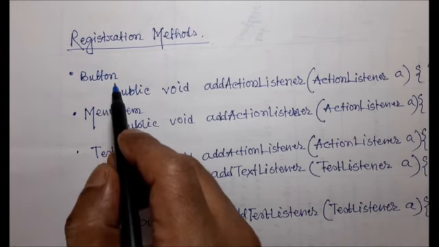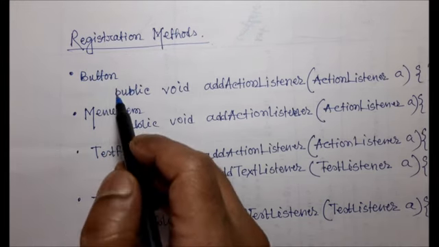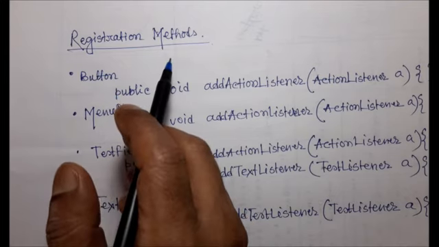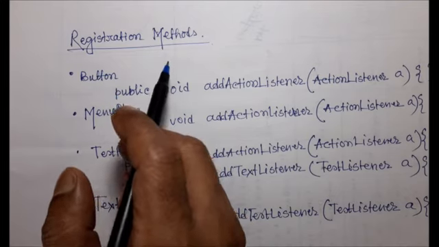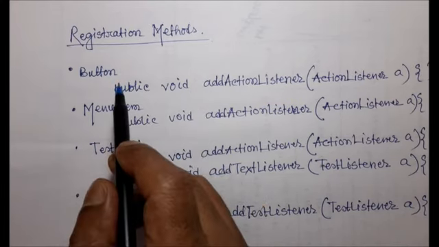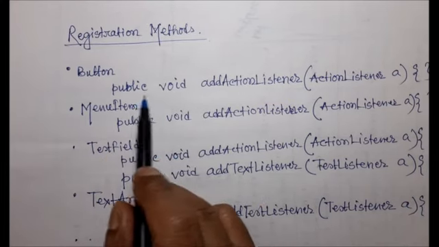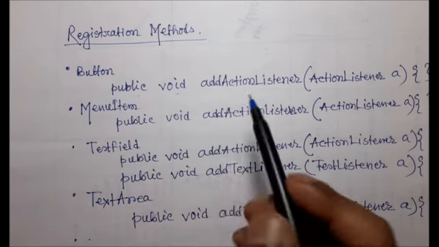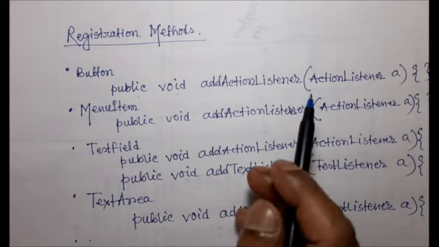If I want to register this button, or this component, with the listener, many classes provide the registration method. For example, in button I use the method public void addActionListener.